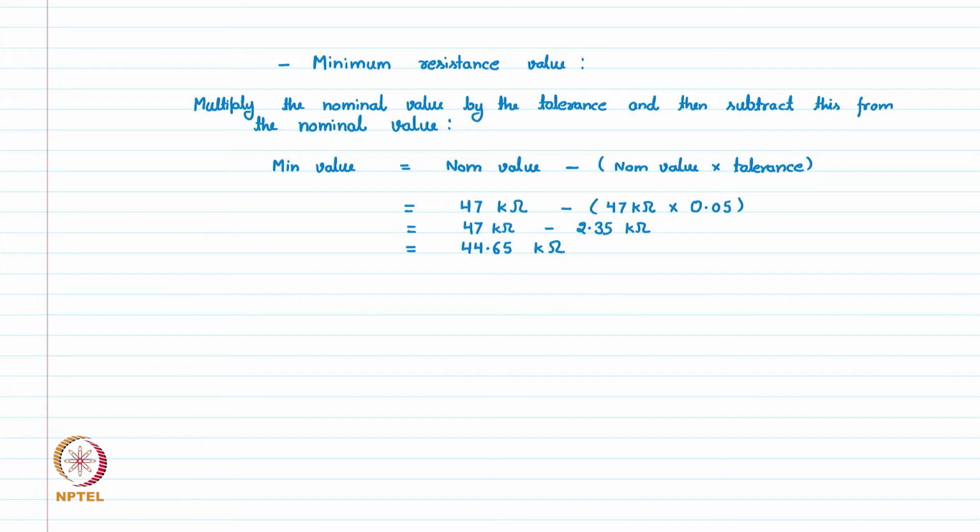So if we have a 47 kilo ohm resistance, when we put this on the actual circuit, it can come out to be a minimum of 44.65 kilo ohm. It may not be exactly 47, but within the tolerance value of 44.65 kilo ohm. Similarly, we can calculate the maximum value of resistance.